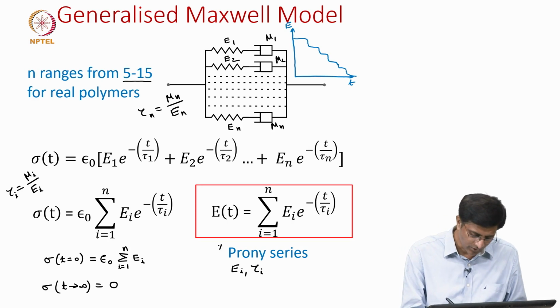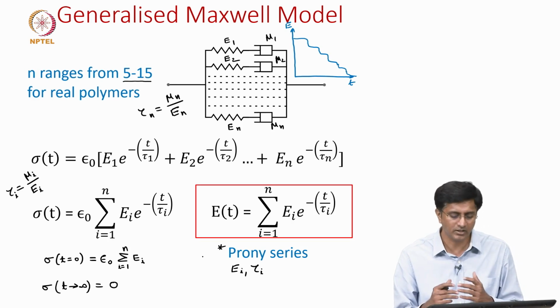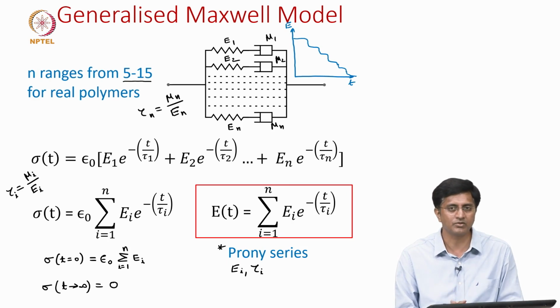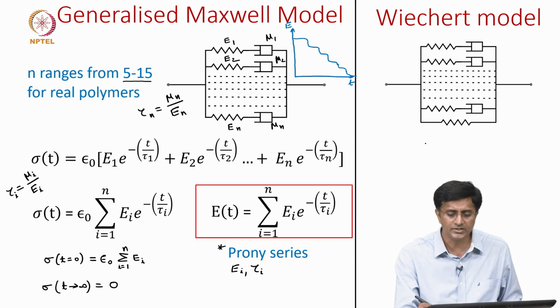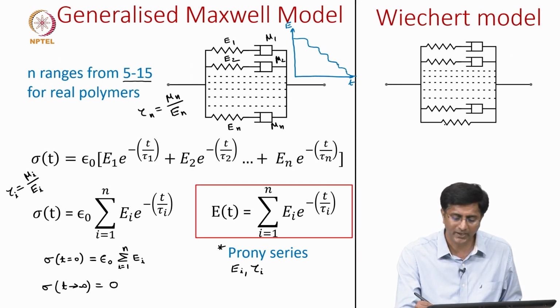So this is very important, especially in the implementation of these viscoelastic models in commercial finite element software. This is the Maxwell model where we have an extra spring in parallel.